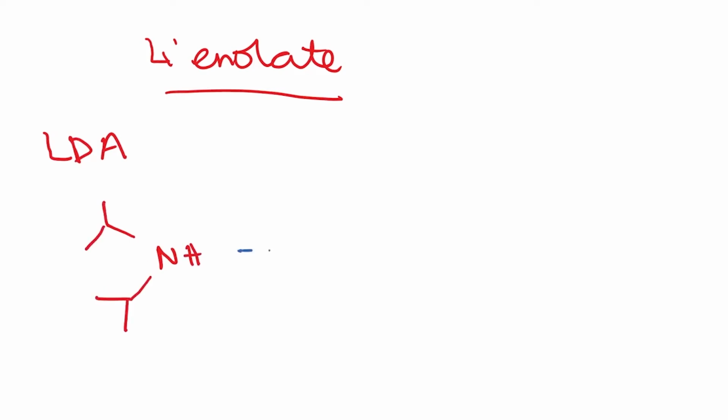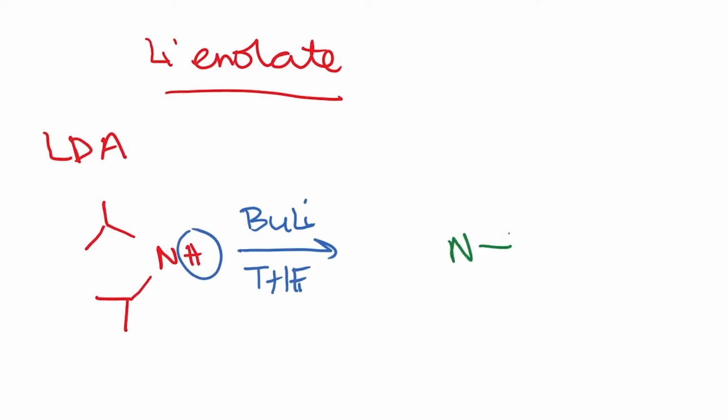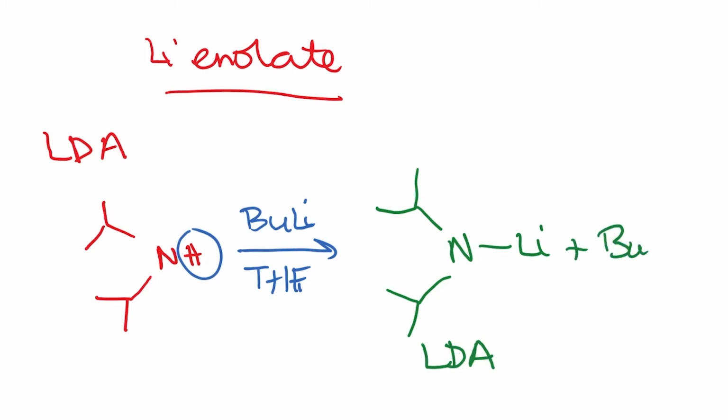Now, when I react this with butyl lithium in THF, this is the proton that is going to be abstracted, and we end up with the lithium amide, which is called lithium diisopropylamide, and of course the product that you get is butane, which I'm just going to write as BuH. This reaction is carried out at pretty low temperatures, like 0 degrees centigrade.